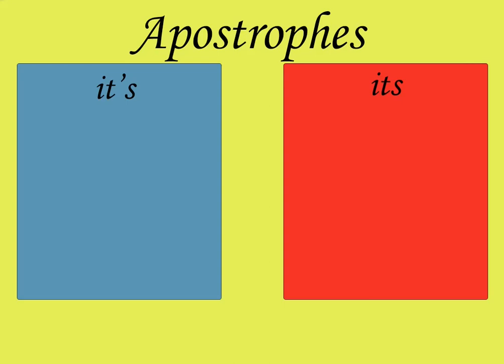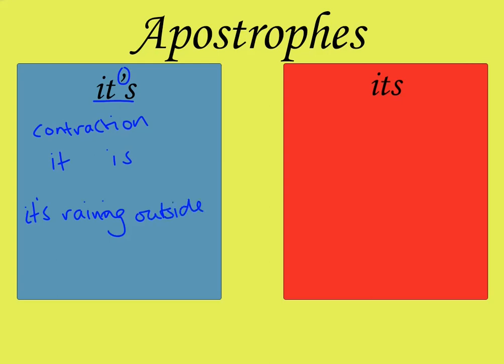The one on the left has got the use of the apostrophe, and in this case we are looking at a contraction. So actually we've got it is. So it's with an apostrophe means it is. So you might have something like it's raining outside, where you mean it is raining outside.